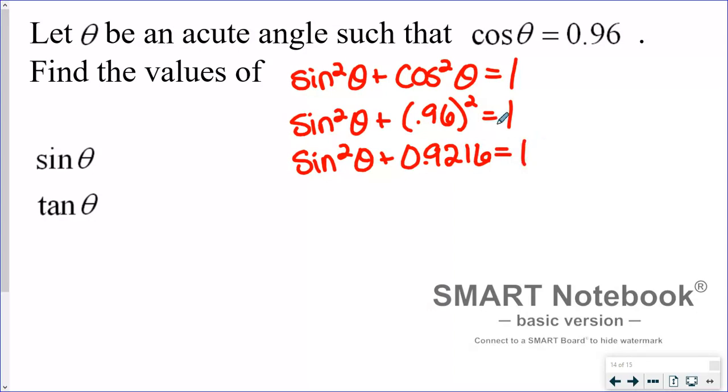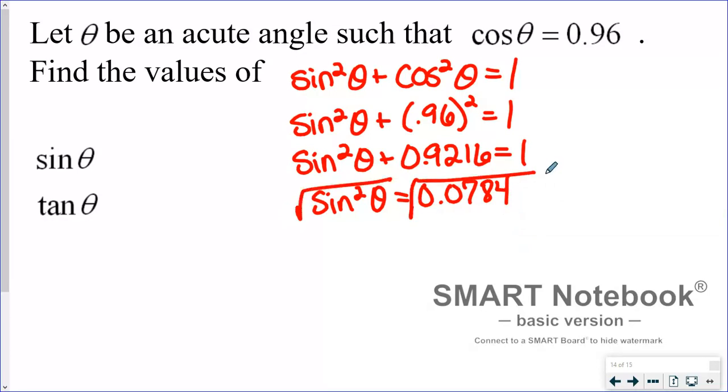Now I subtract that from both sides, and we will get sine squared of theta is equal to 0.0784, I believe. Then, to get sine, I need to take the square root of both sides, and that is 0.28.